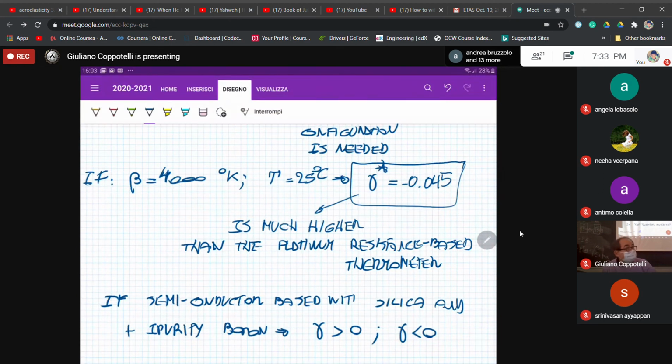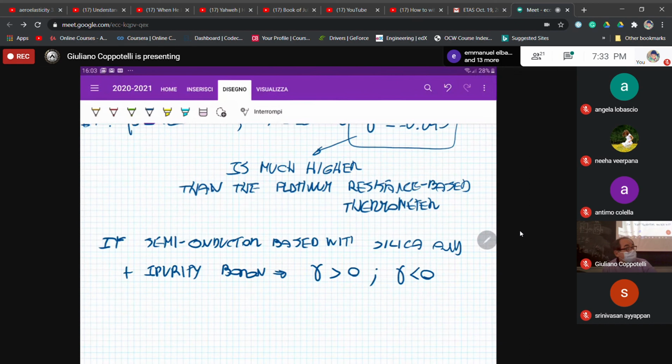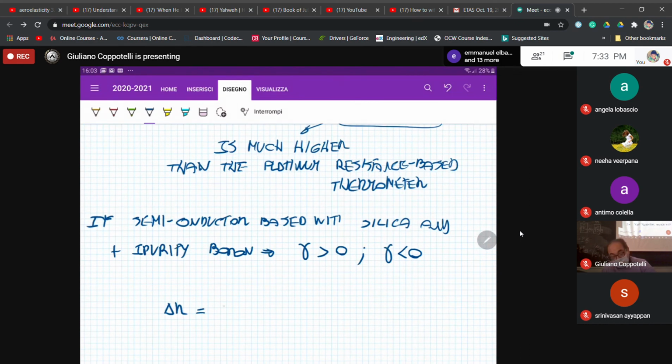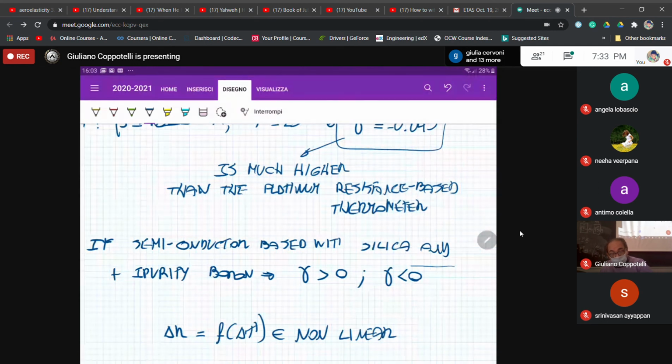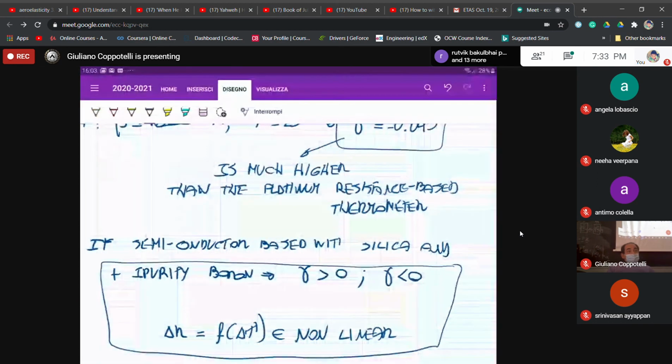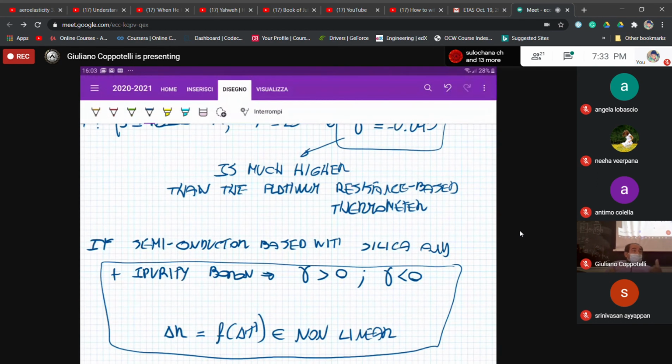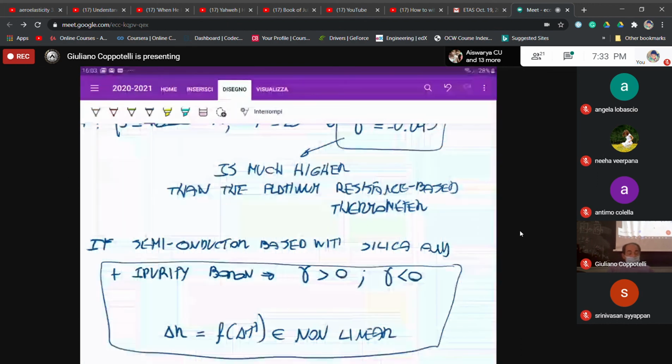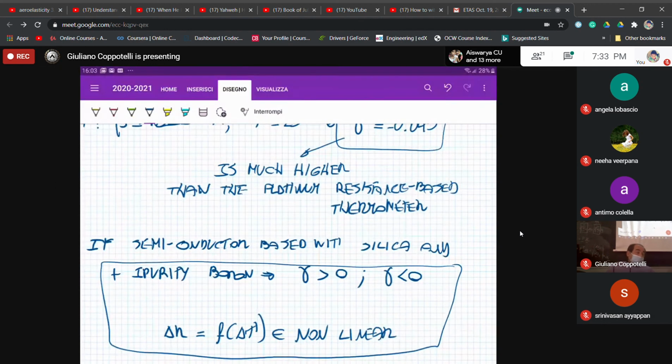And the change of resistance is once again a fully non-linear function. But we can play with the impurities, how much and the electrical sign, so we can have both positive or negative coefficients, and they are very useful when using those devices for thermal compensation in whatever electrical circuit.